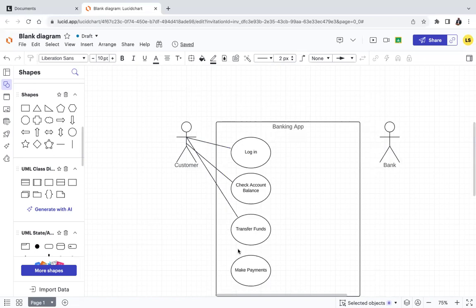Then we also have to indicate a relationship for making payments here.